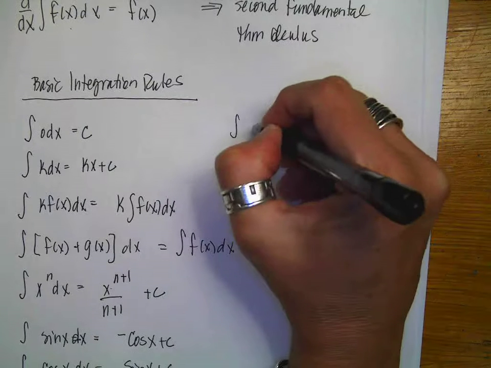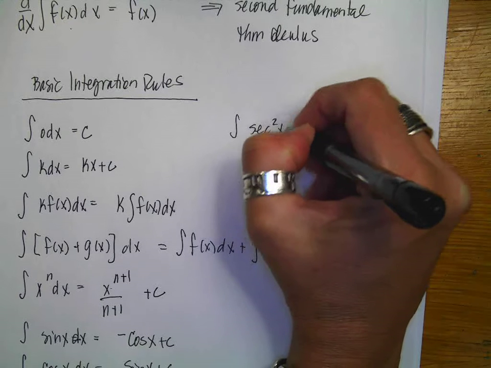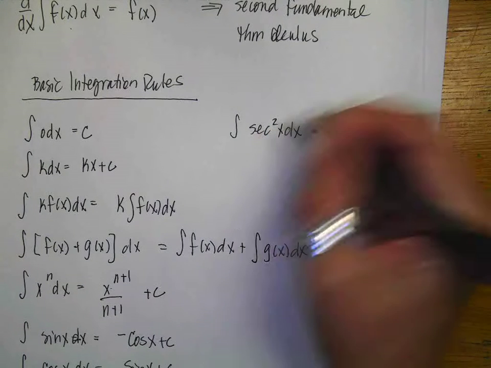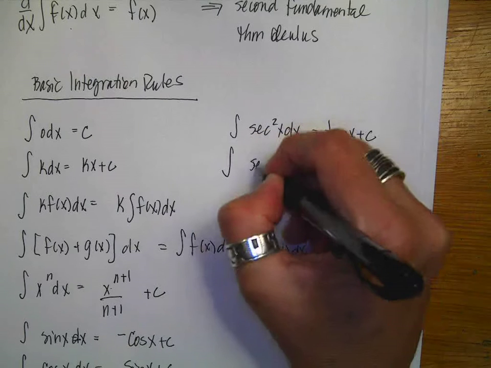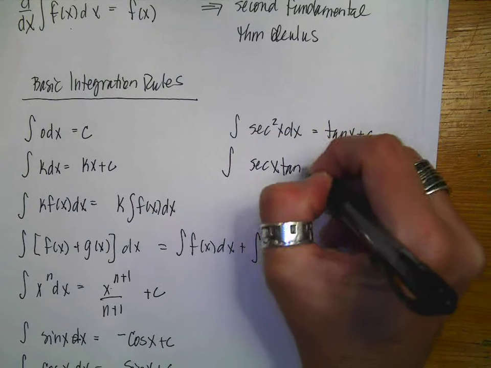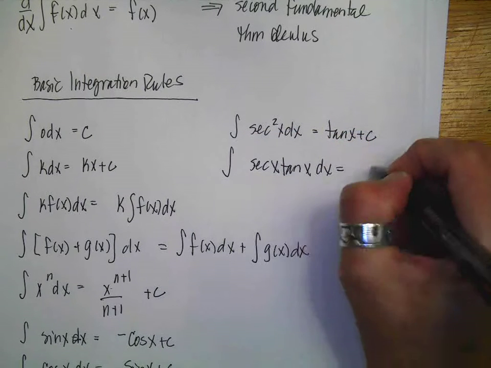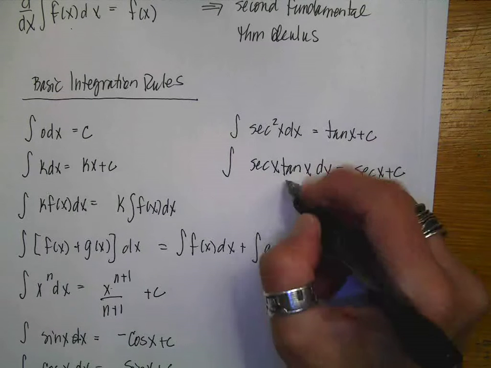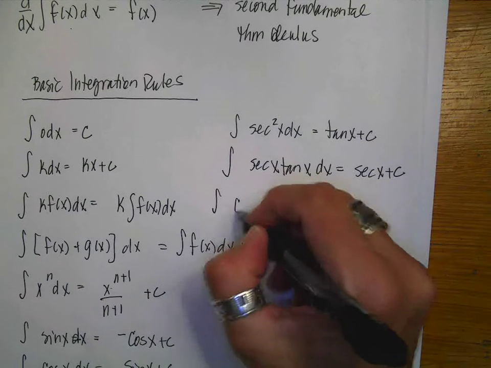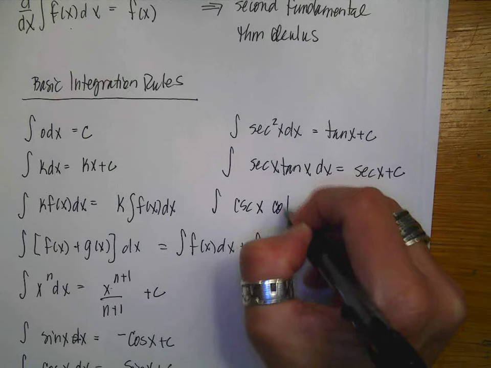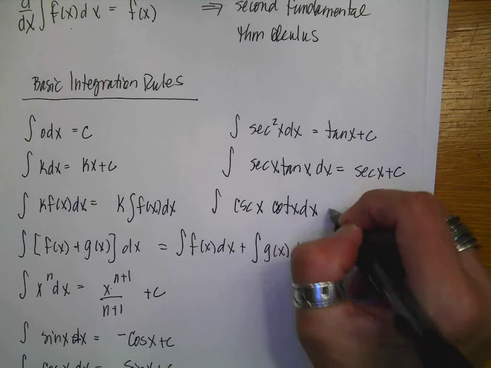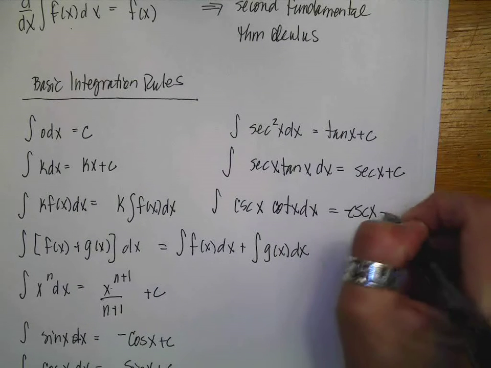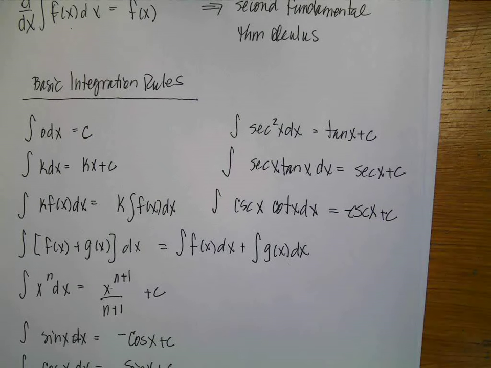Come back up here to the top. The integral of secant squared x dx is going to equal the tangent of x plus c. The integral of the secant of x tangent of x dx is the secant of x plus c. And then the last one is the integral of cosecant x cotangent x dx is equal to a negative cosecant x plus c.